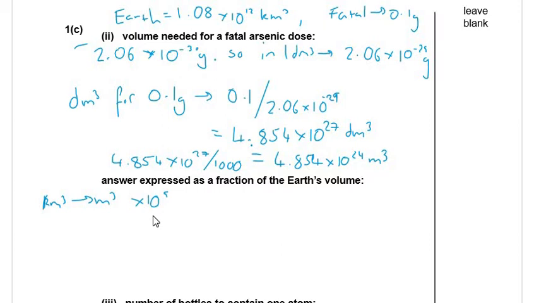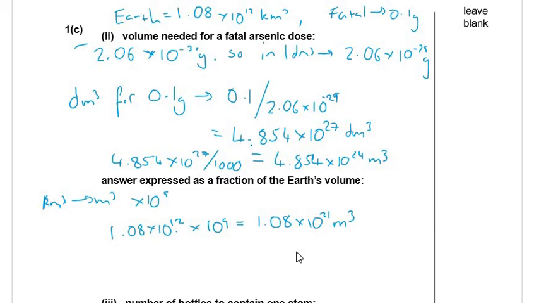So there are 1 billion metres cubed in a kilometre cubed. So what we can do is we can take the volume of the Earth, which is 1.08 times 10 to the 12, and we can times that by 10 to the 9, and then the volume of the Earth in metres cubed is 1.08 times 10 to the 21 metres cubed.